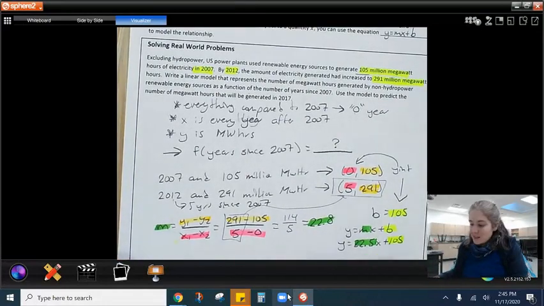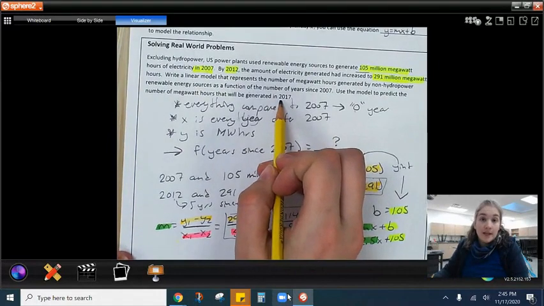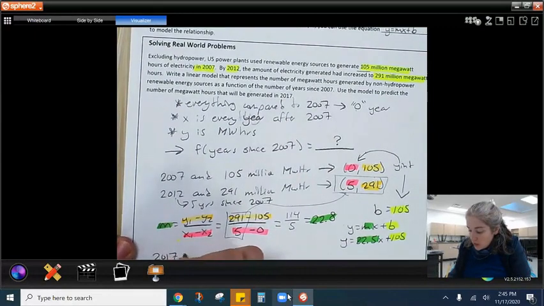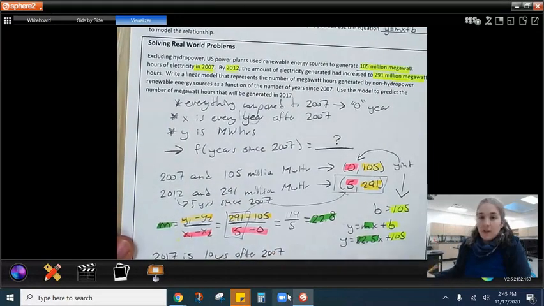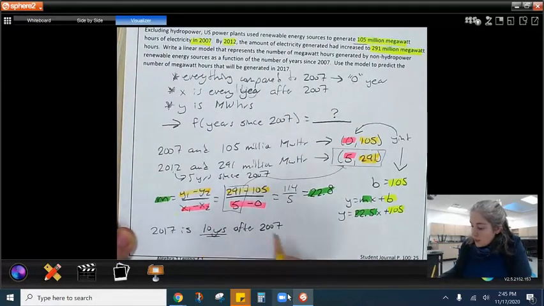The last thing it asked us was we want to figure out or predict how many megawatt hours would be generated in 2017. Well, 2017 is 10 years after 2007, right? So that means we would have to plug in 10 for our x.